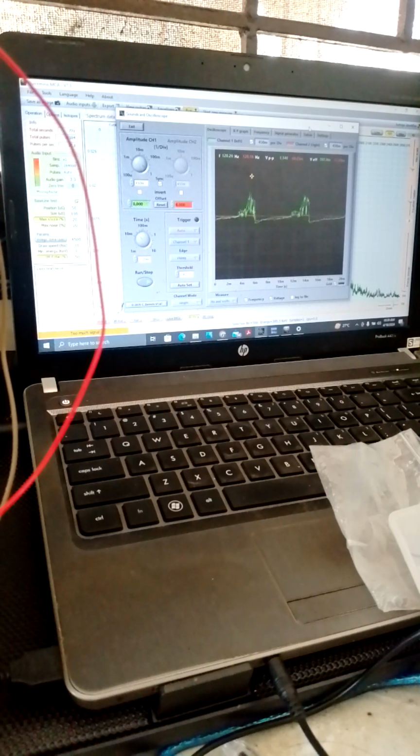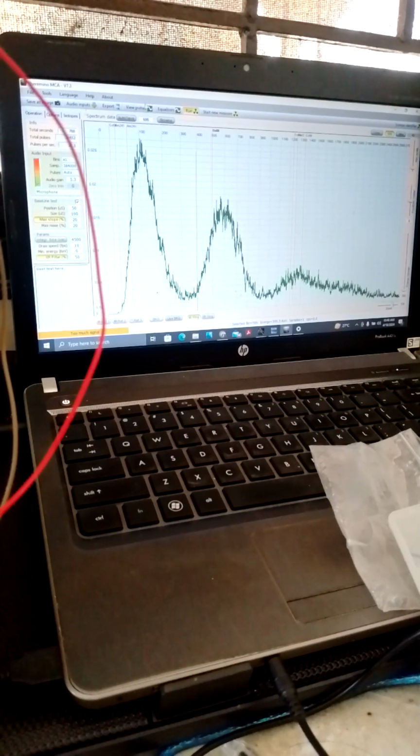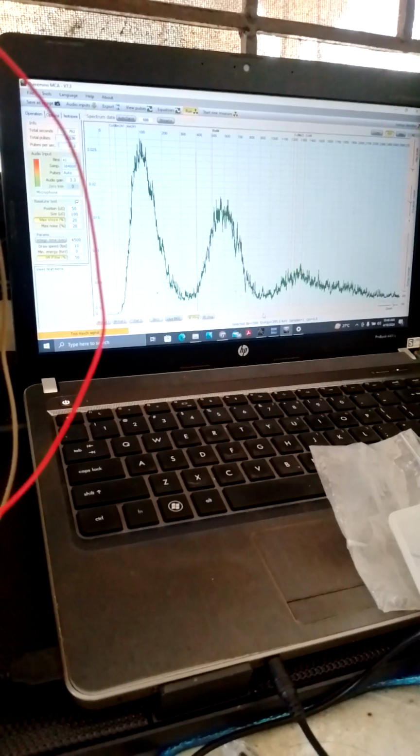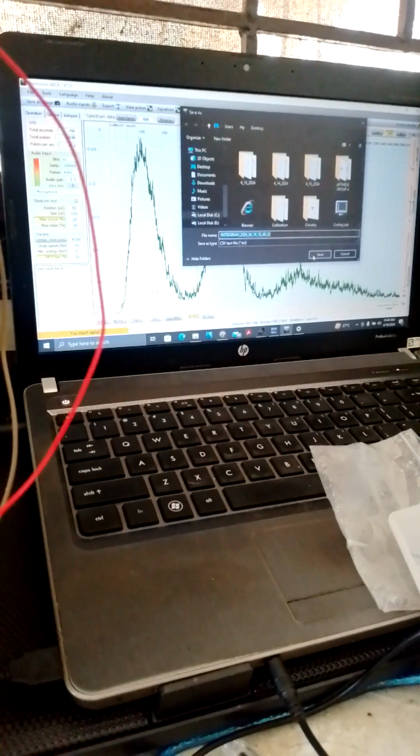I want to see the saturation of the signal of the photons. Sometimes there is pulsing in there. Then I will export the observation data for my further analysis.